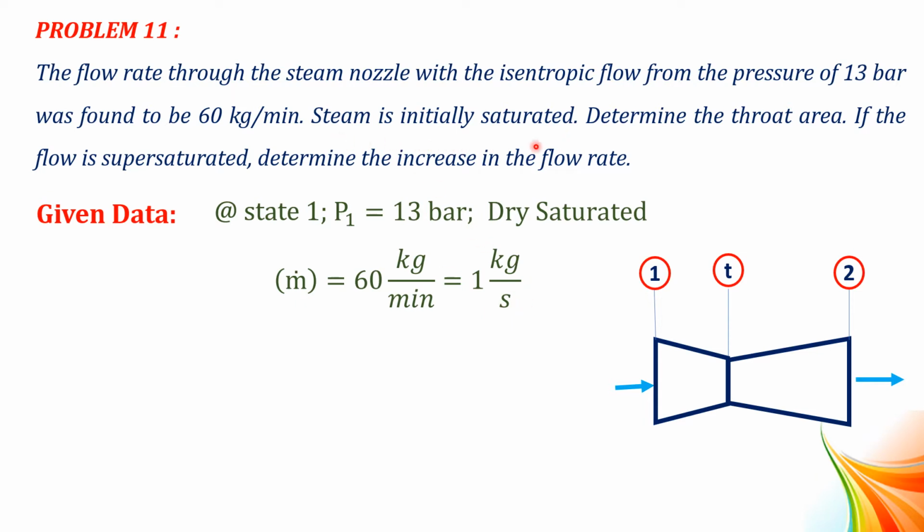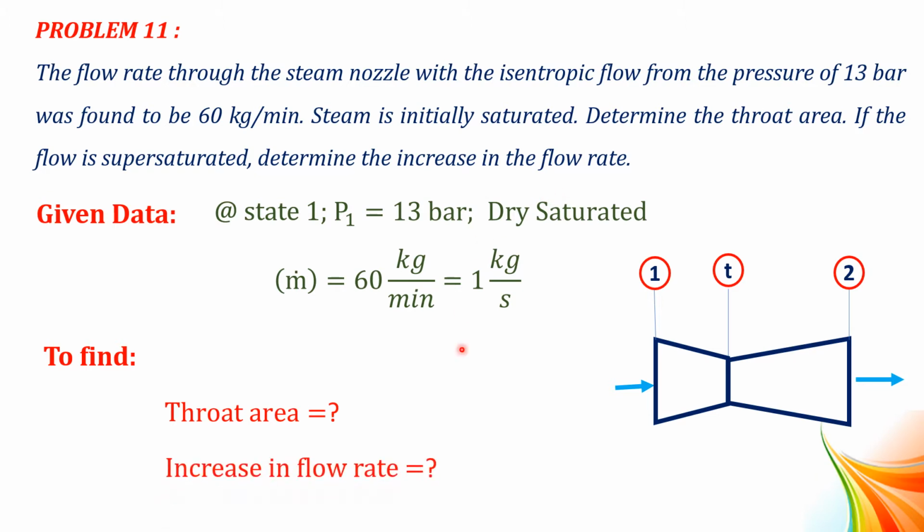Steam is initially dry saturated. So initial condition of the steam is dry saturated. Determine the throat area. So we have to find out the area of this throat section. If the flow is supersaturated, determine the increase in flow rate. So we have to find out the increase in flow rate.